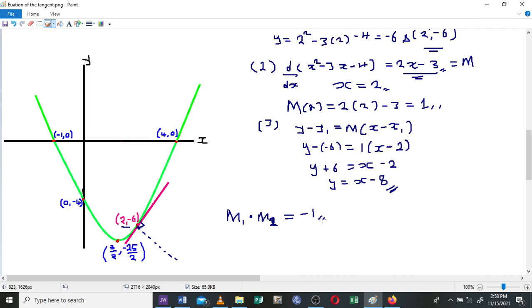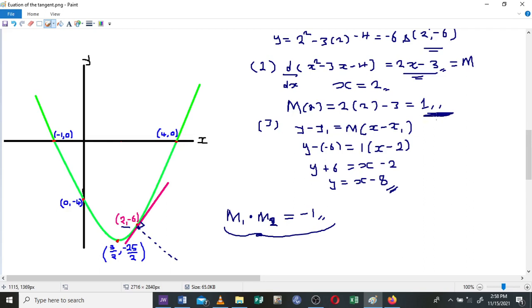Now that you have this product to be negative 1, for this property to be satisfied, remember you've just found your gradient for the tangent.